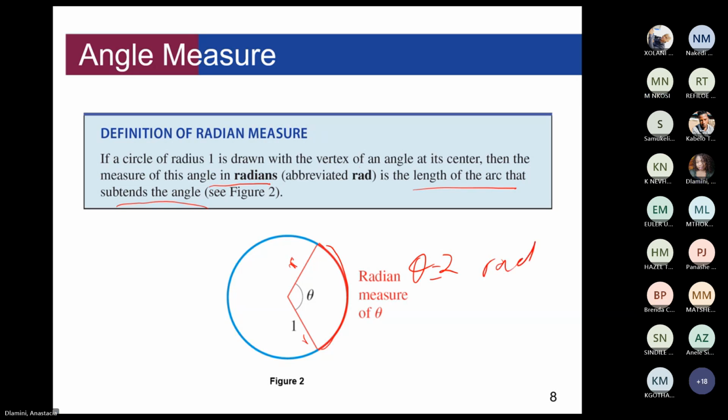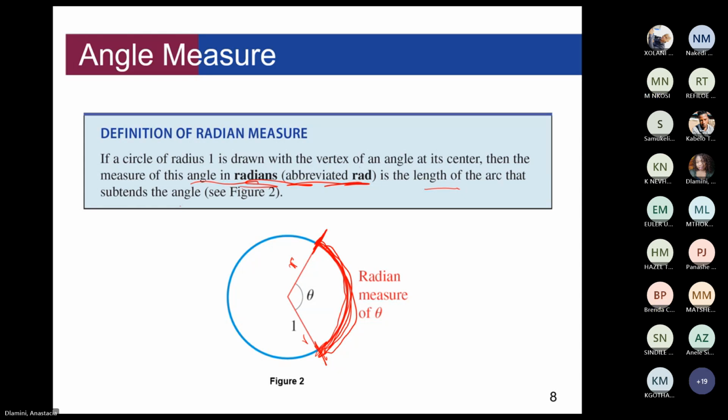That's what they're saying. The measure of this angle in rad, abbreviated, is the length of the arc that subtends the angle. This is the arc that touches these two sides, R1 and R2, of this angle. Are we all together?